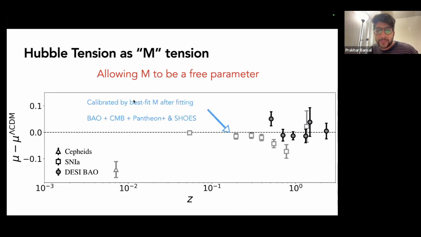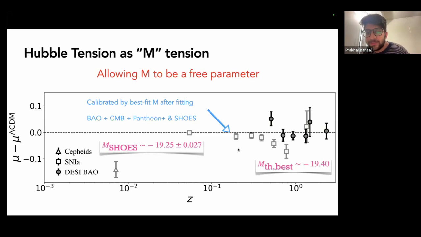All these supernova points are now calibrated by a joint fit to BAO, CMB, Pantheon, and SH0ES. Now the best fit M that SH0ES prefers is roughly minus 19.25 with this error bar. But the best fit value of M that I get after this fitting procedure is roughly minus 19.40. So again, you can see an immediate problem.